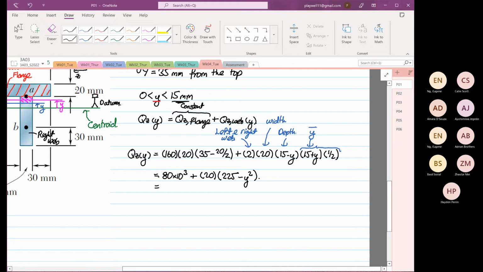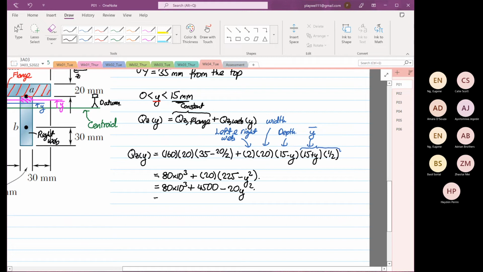So this will become 80 times 10 to the power 3 plus 225 times 20, which is equal to 4500, minus 20 y squared. Okay.